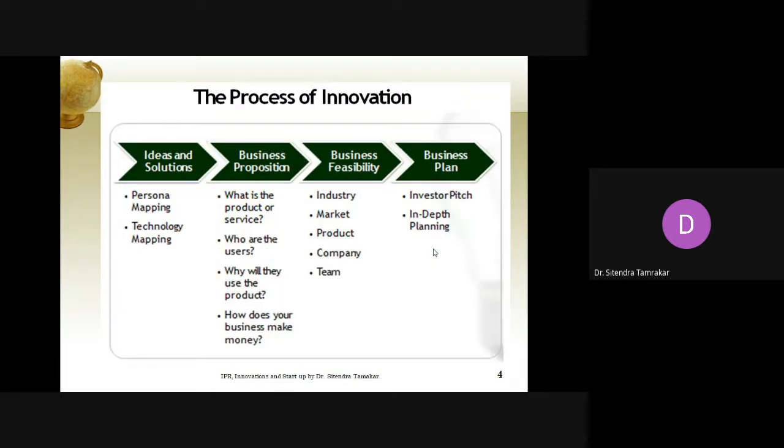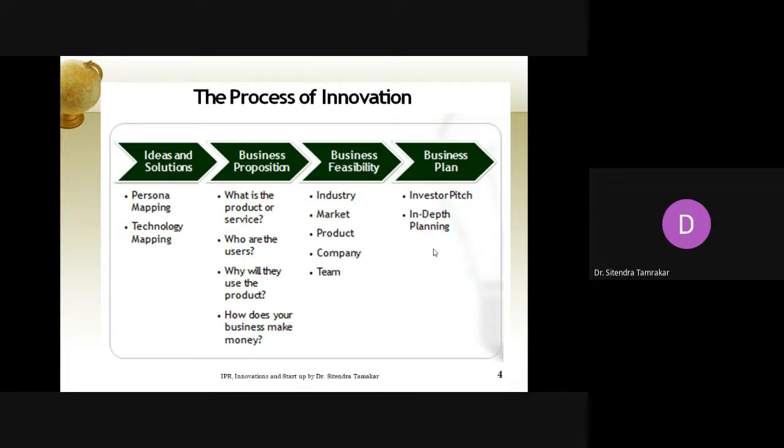So what is the process of innovation? This is not a thumb rule, it's a theory. First of all, on the ground, starting with an idea and one rough solution, mapping business propositions, finding out the right business feasibility, and coming up with the business plan. Under the business and the solution, the technology and persona mapping is done: who will do what, and what technology is needed to take it up is decided.